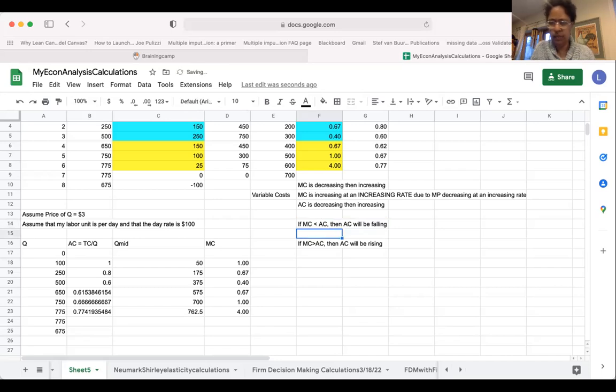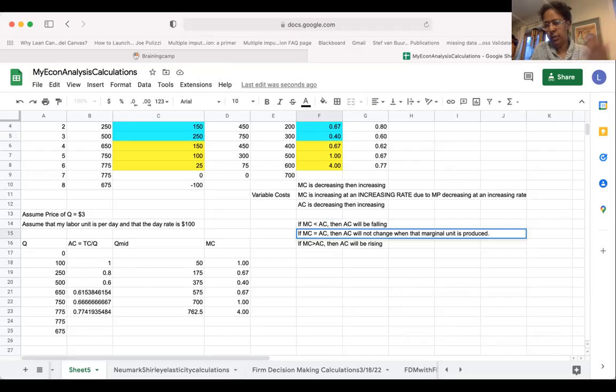Returns to specialization for the first unit, they start up the same, but then there's a declining pattern in marginal cost, which will be dragging down the average cost. If the marginal cost is equal to average cost, then average cost will not change when a marginal unit is produced.